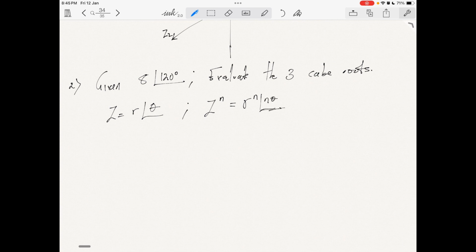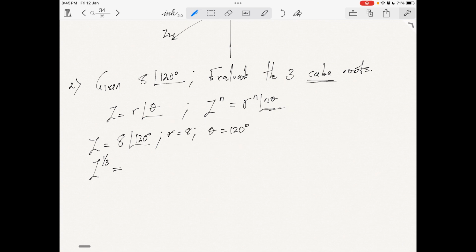So we are asked to evaluate z. If z is 8 argument 120 degrees, we want to evaluate z raised to power 1 over 3, because we are dealing with cube roots. Here, r is equal to 8 and theta is equal to 120 degrees.